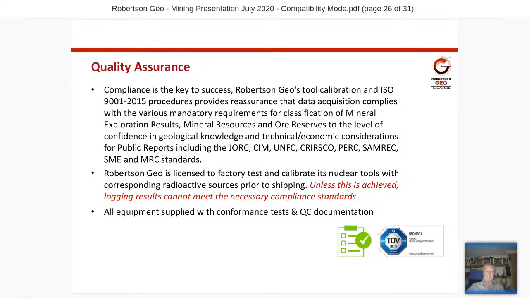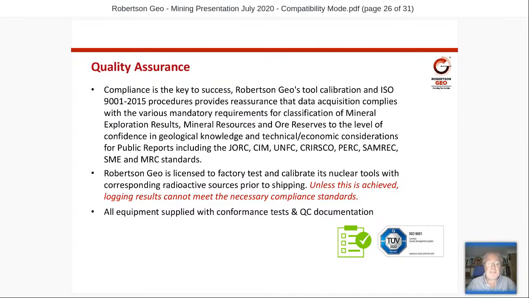So, as I mentioned, the company is also licensed to handle, test, and ship nuclear tools which are needed for things like formation density. So radioactive sources can be shipped safely to international locations.